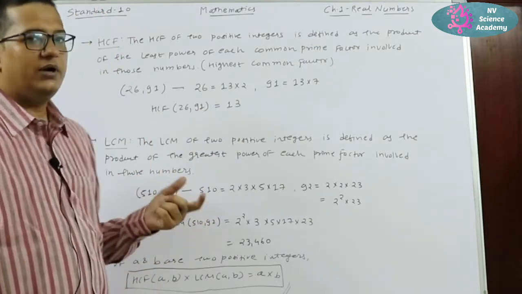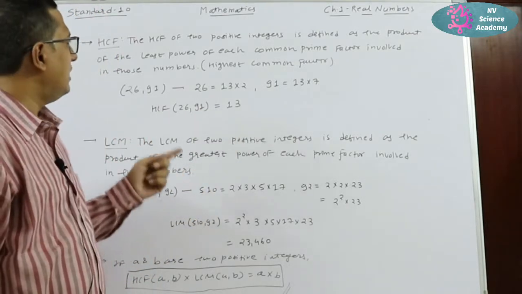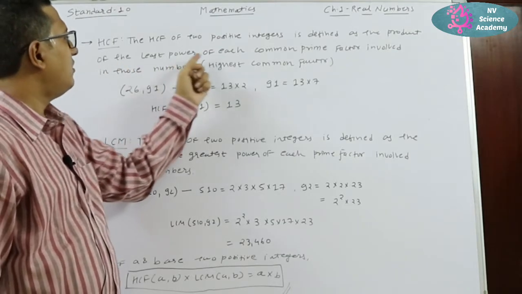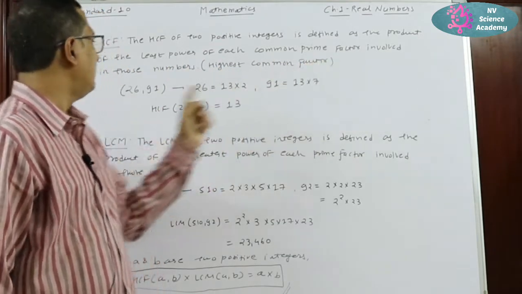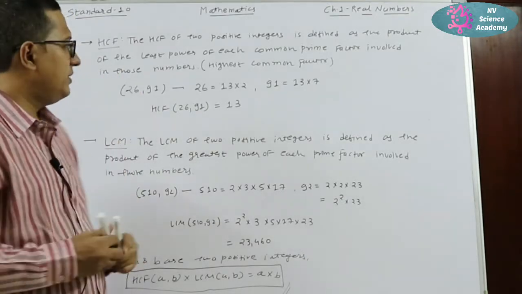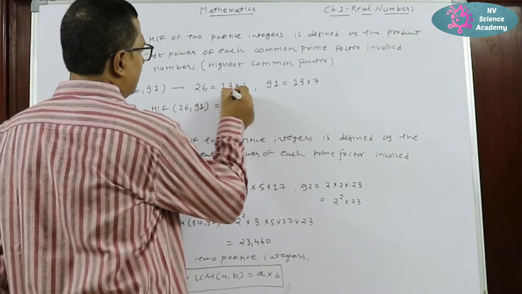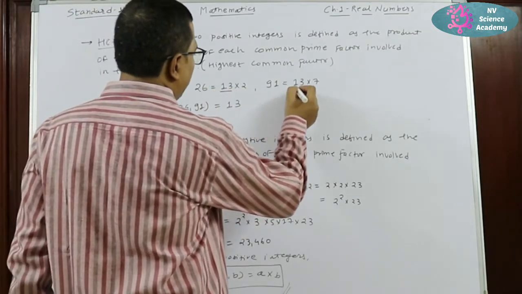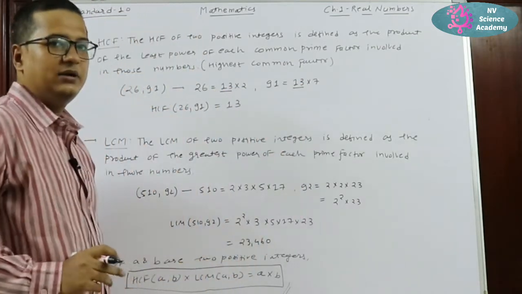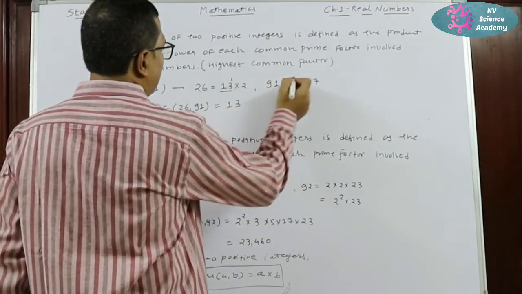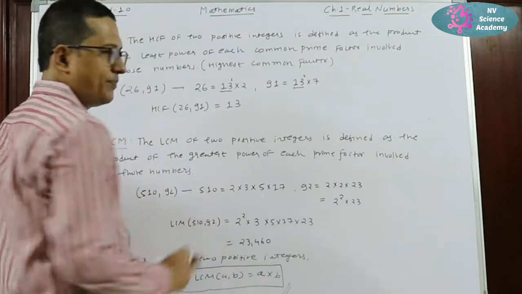So how am I going to find the HCF? As it is written in the definition, it is the least power of each common prime factor involved in those numbers. Here in 26 I have the prime number 13 and in 91 also I have the prime number 13, and the least power is 1, so I consider 13.